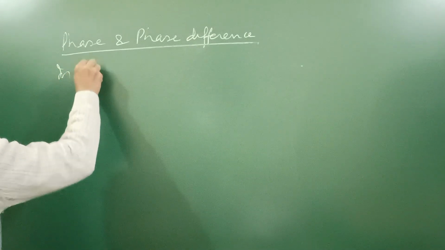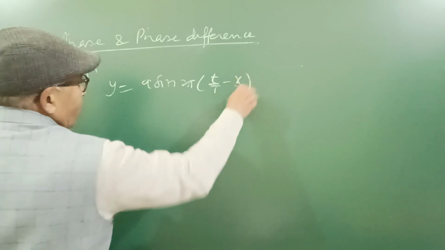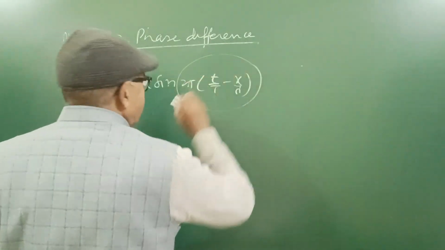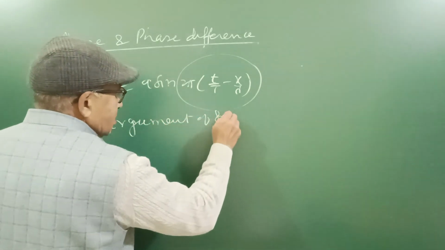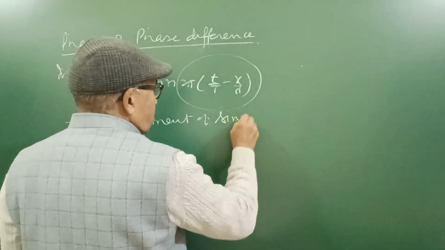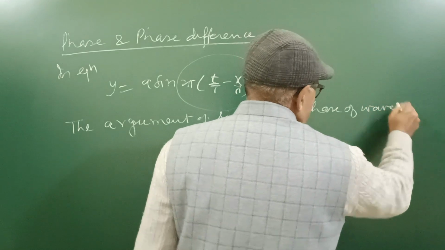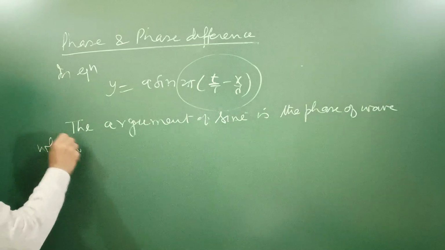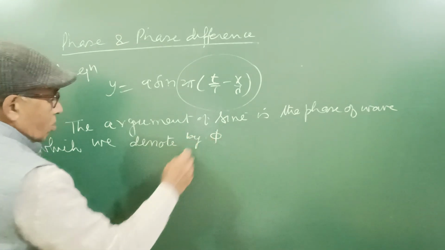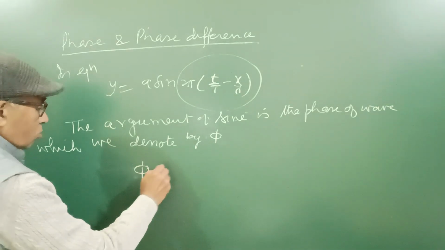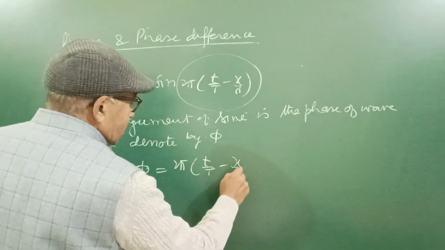So in the equation y equal to a sine 2 pi bracket t upon T minus x upon lambda, the argument of sine is the phase of the wave, which we denote by phi. Hence phi equal to 2 pi bracket t upon T minus x upon lambda.